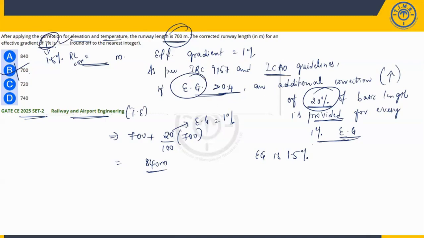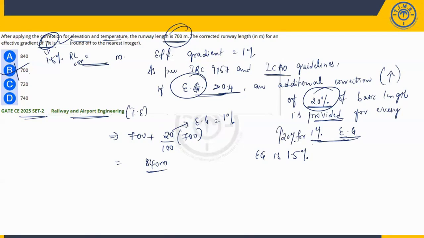What is ICAO telling? You need to increase the runway length by 20% for every 1% rise in effective gradient.